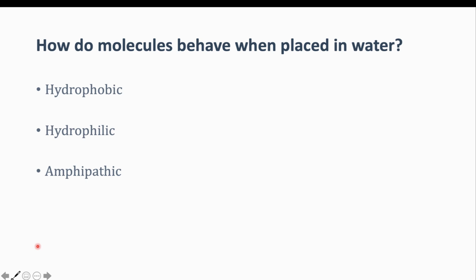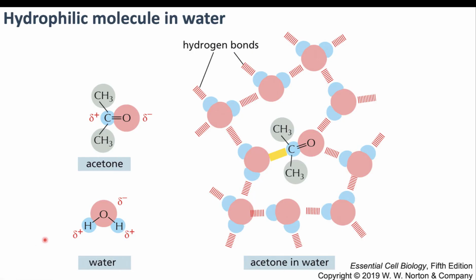So how do the molecules behave when they're placed in water according to whether they are water-fearing, water-loving, or have both characteristics in one molecule? So here's an image of a hydrophilic molecule, one that would associate, and we can see that this acetone has partial charges, a partially negative oxygen and a partially positive carbon.